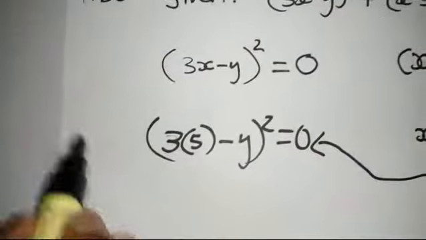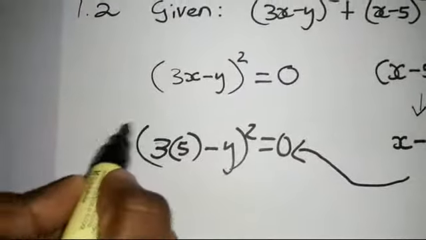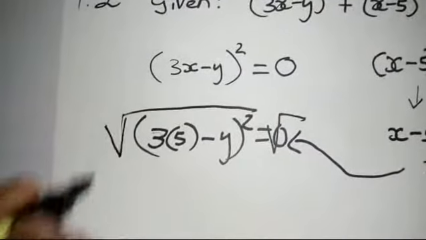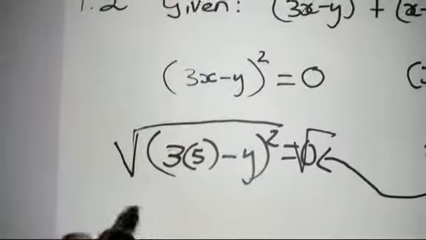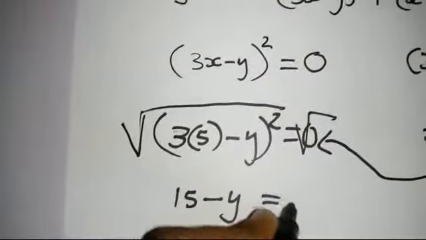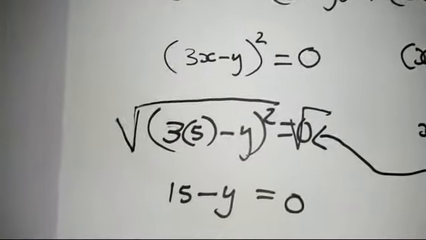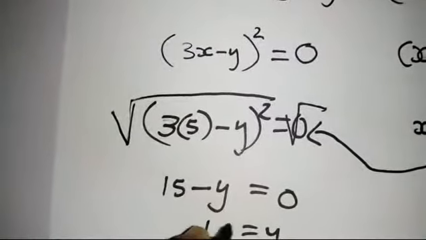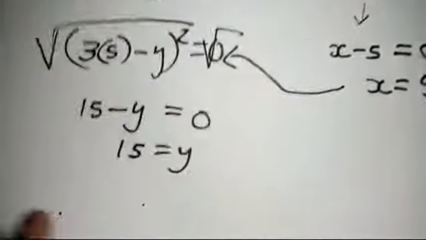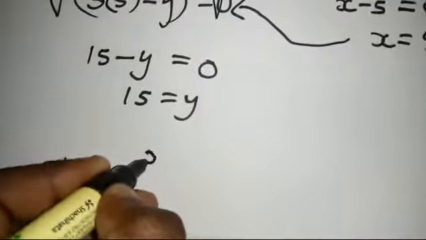On this side as well, you put a square root on both sides. Then it will become 15 minus y is equals to 0. Therefore, y is equals to 15.